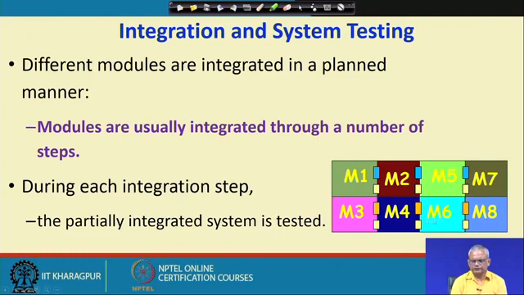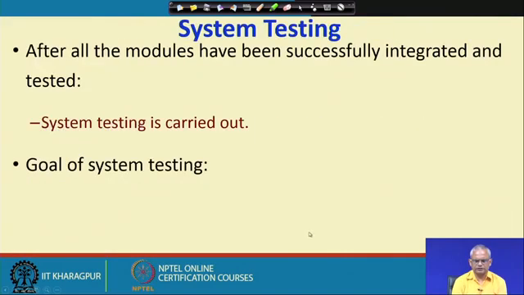So, the system is integrated over a number of steps, and each time it is tested to check if there are any bugs, and the typical focus of the integration testing is to identify the interface bugs.